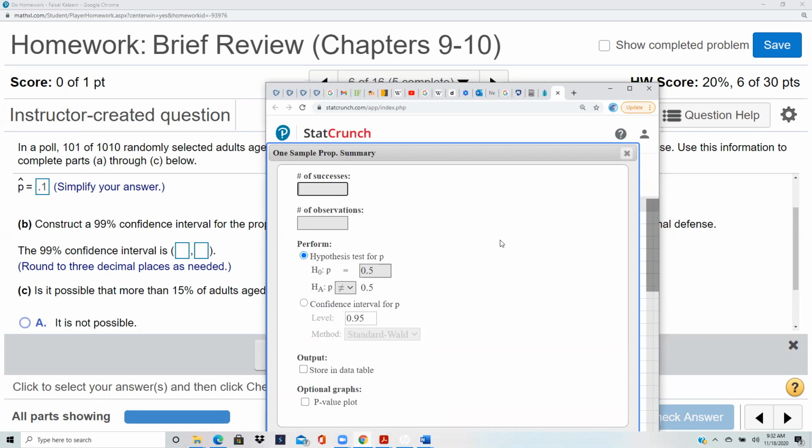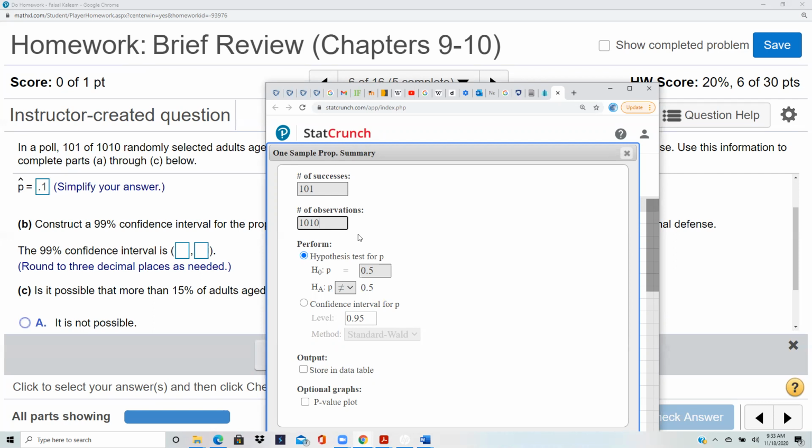It gives us the confidence. What's the number of successes? Would it be the p-value? No. Oh, would it be the 101 and then the number of observations would be the 1010? Right.